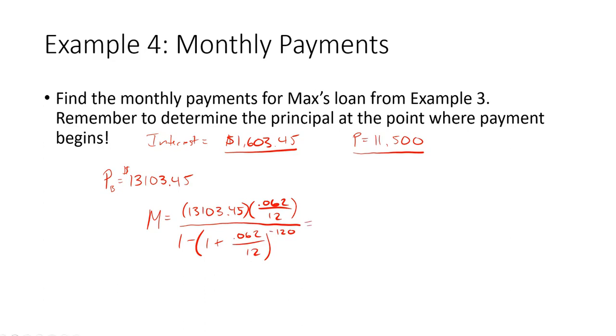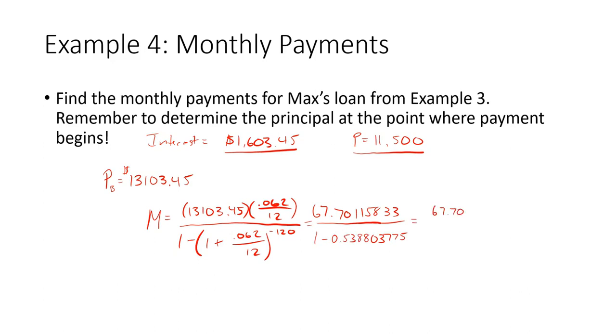If we calculate these values, in the numerator we get 67.7011. Remember not to round until the very end. And then in the denominator, 0.062 divided by 12 plus 1, and then raise that value to the negative 120th power, and you get 1 minus 0.538803775.